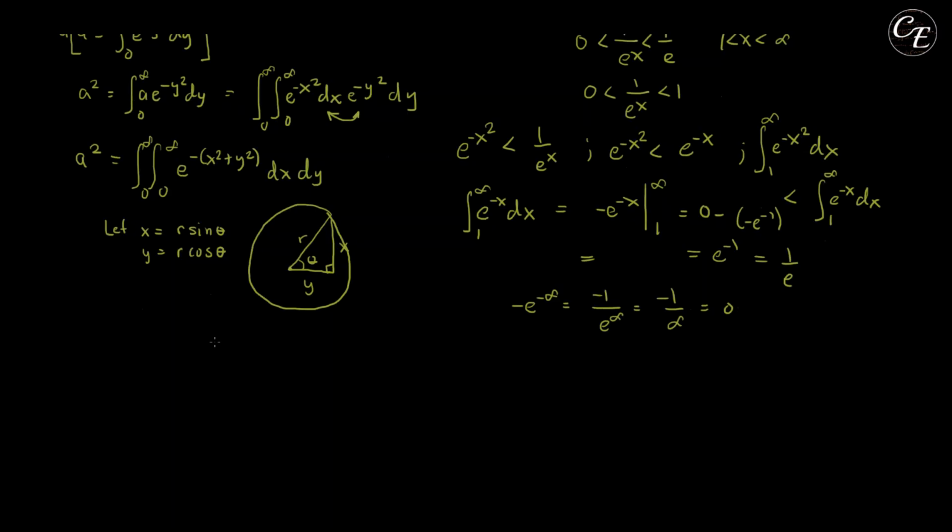So let me show you. We can have here a right triangle like that, x, y, r, theta. Then let us increase r with an infinitesimal amount and also theta with an infinitesimal amount.